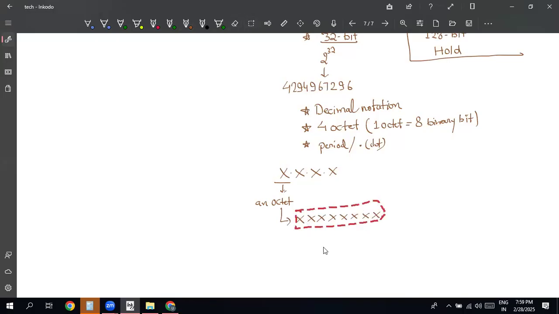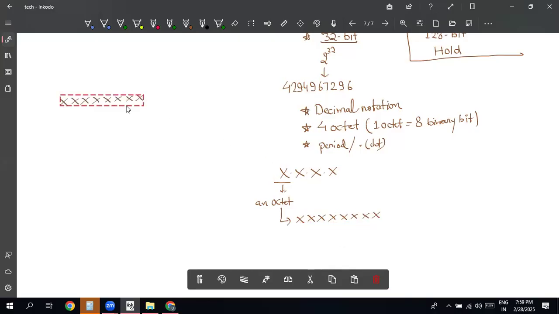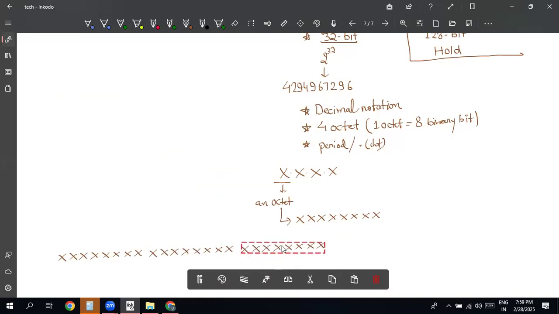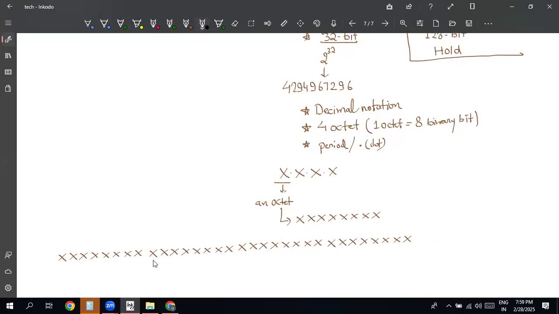In terms of binary representation, if you want to see how an octet looks in binary form, this would be your entire IPv4 address in 32 binary bits. This is how it looks, having the dots between the 8 binary bits of the addresses.